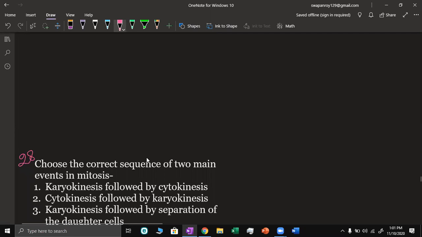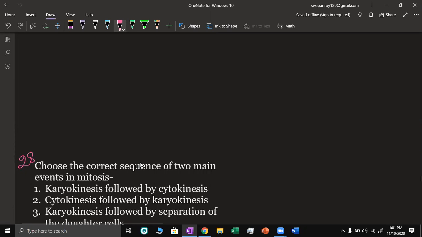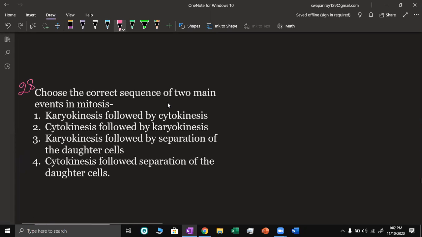28. Choose the correct sequence of two main events in mitosis. Correct sequence, that is karyokinesis followed by cytokinesis. The options are cytokinesis followed by karyokinesis, karyokinesis followed by separation of daughter cells, cytokinesis followed by separation.